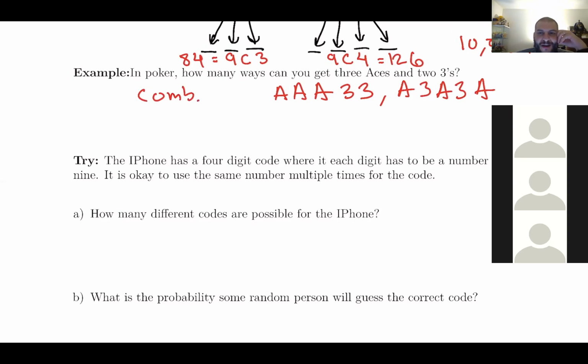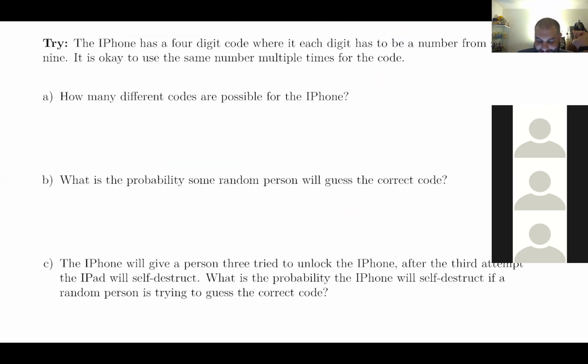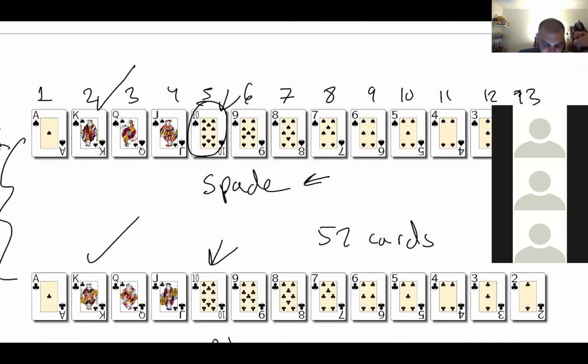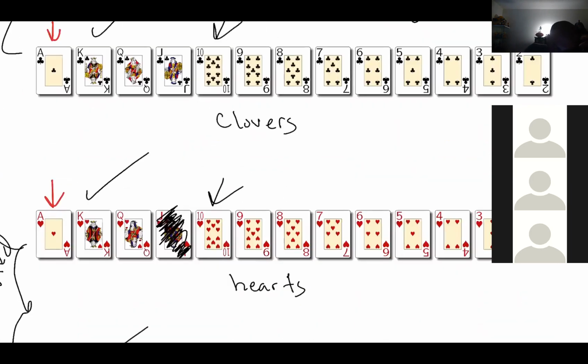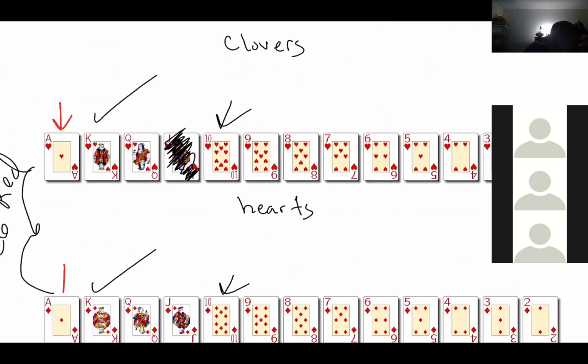All right. If you don't know about poker hands or anything like that, I put a little cheat sheet right here. If you look at how many aces I have: 1, 2, 3, and lastly, 4.